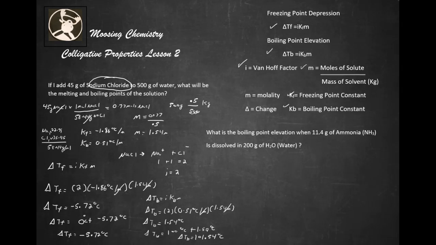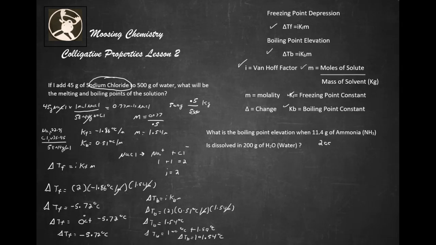All right, now let's look at the next problem. The next problem is, what is the boiling point elevation when 11.4 grams of ammonia, NH3, is dissolved in 200 grams of water? Well, the first thing I want to do is take the 200 grams of water and change that into kilograms.